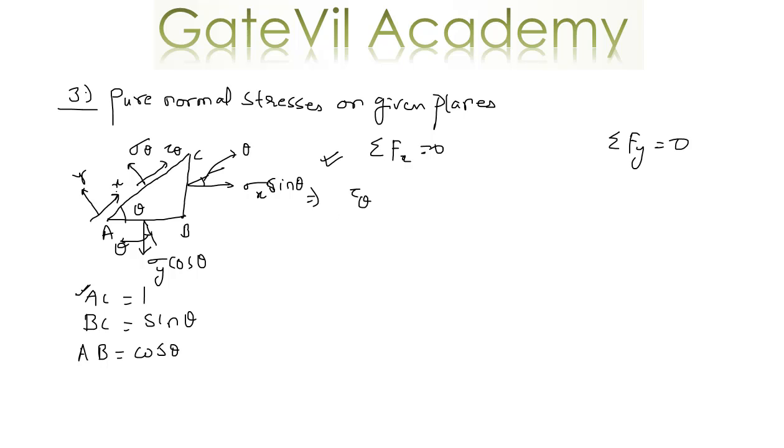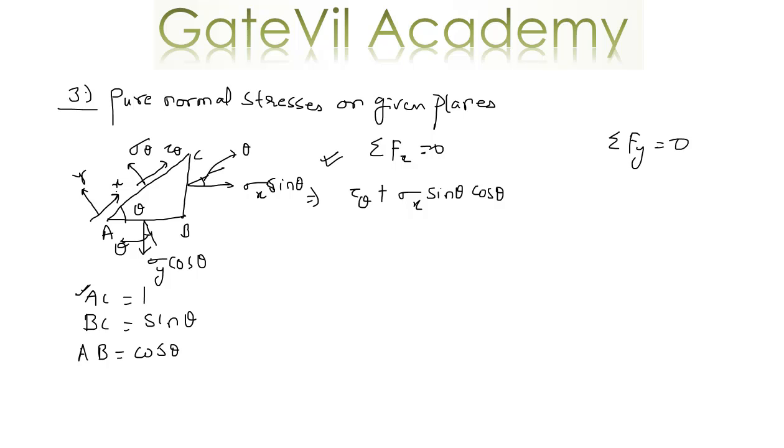Now we have one force tau theta in the x direction. Then we'll have another component from sigma x sine theta, which will be sigma x sine theta cos theta, and the direction is the same as the direction of tau theta.